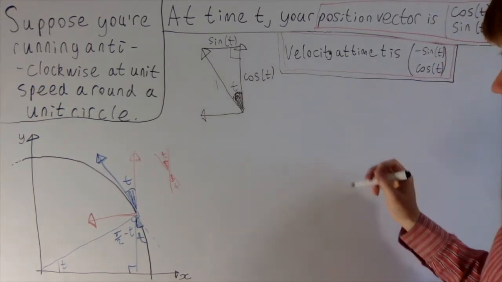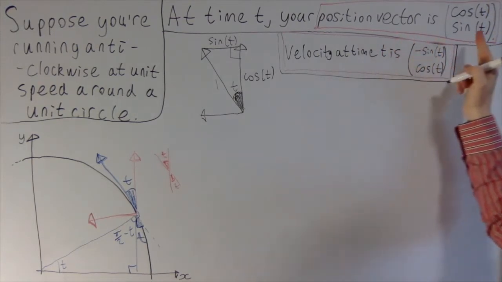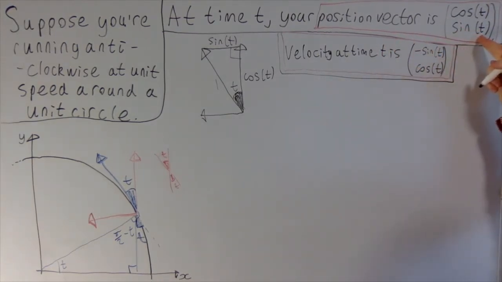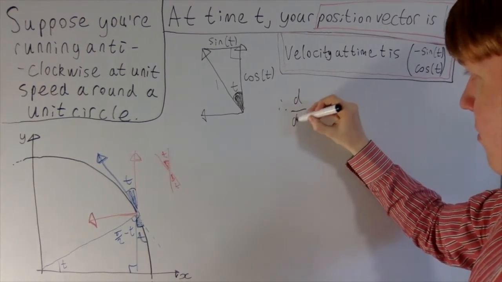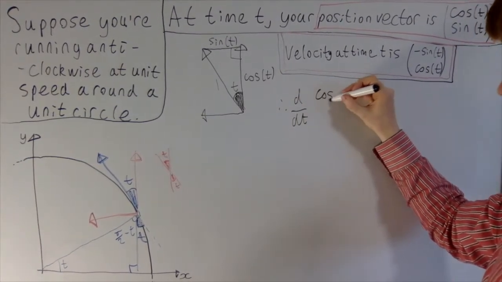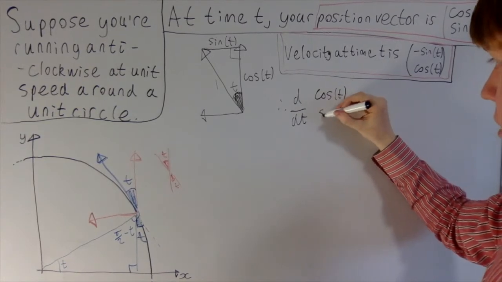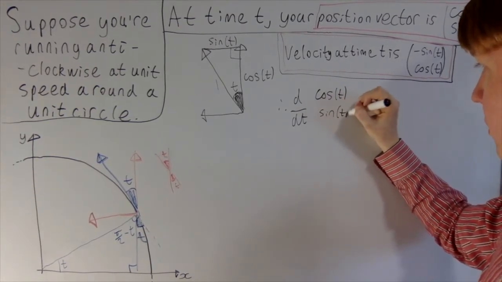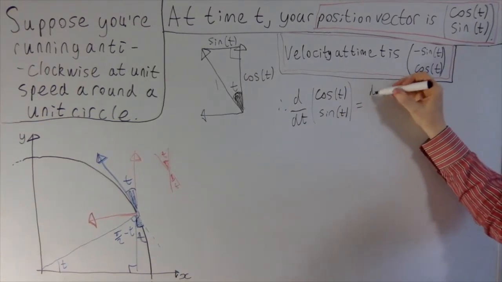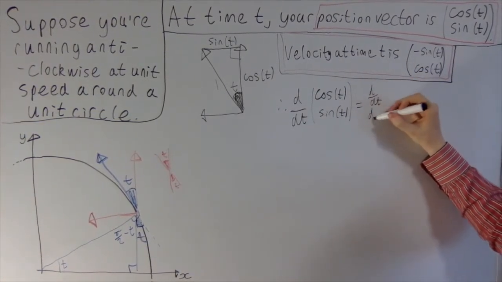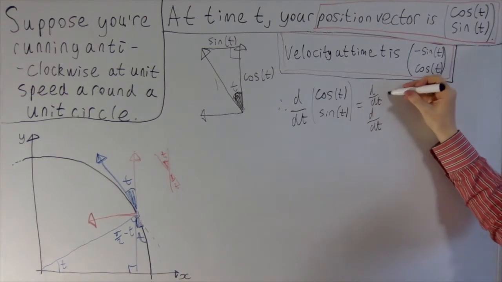So if you think what would happen if we differentiate your position with respect to t, of course when you're differentiating a vector, all you do is differentiate each component separately.